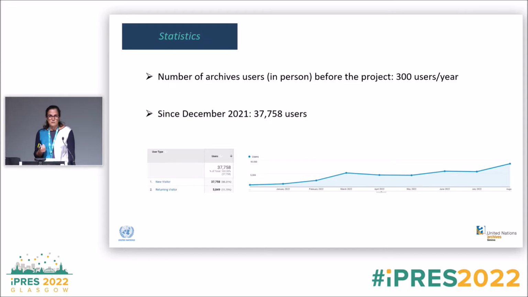After the project, we did some statistics. The number of users before the project, we had about 300 users per year because they had to come on site to consult the papers. They came mainly from Europe and the US. Since we launched the public interface in December 2021, we have been increasing the number of users until more than 37,000 users.